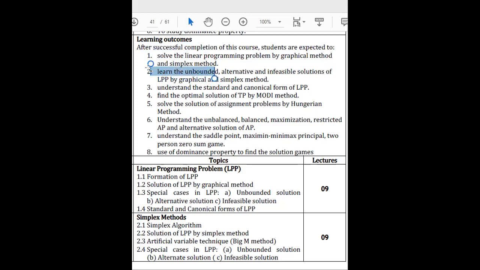Students are expected to learn unbounded solution, alternative solution, infeasible solutions of a linear programming problem in graphical method as well as in simplex method.